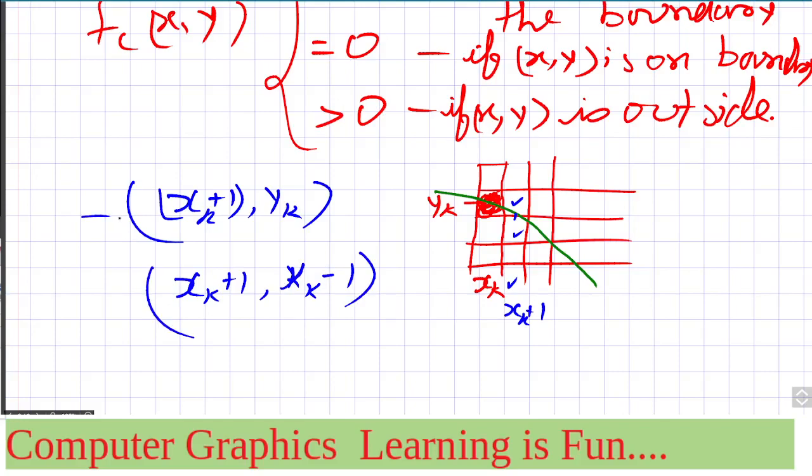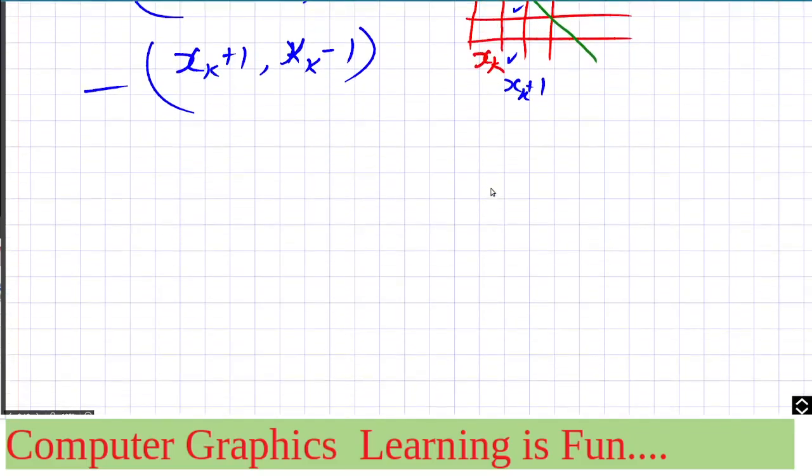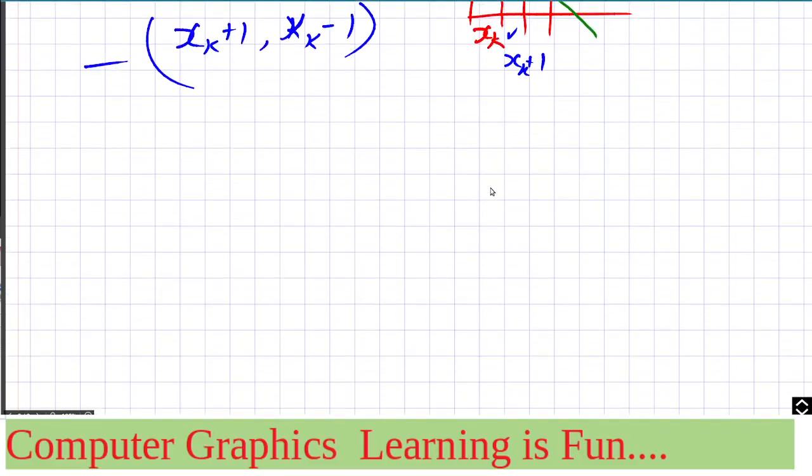Okay, yk is decreasing here. So these two are the possibilities. We have just to decide what it will be, right? So let our decision parameter be something like pk, as it was in Bresenham's algorithm.